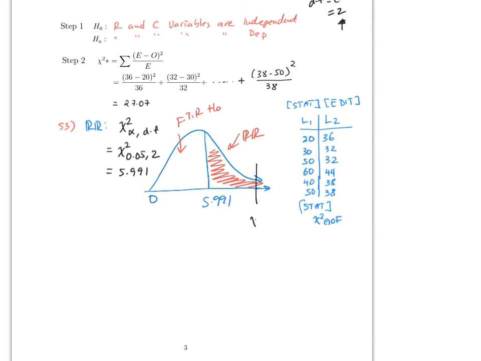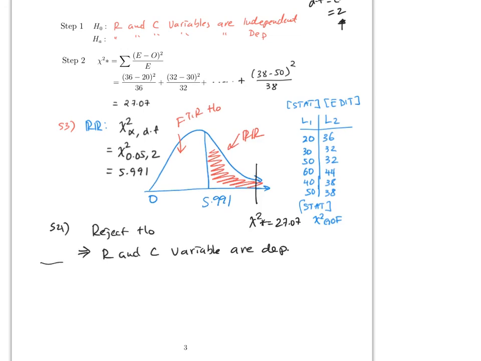It is 27.07, which is clearly in the rejection region. So the conclusion is to reject H0, which again implies that the row and column variables are dependent, and that's it.